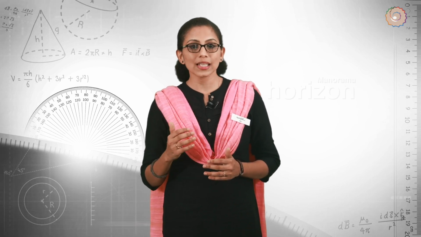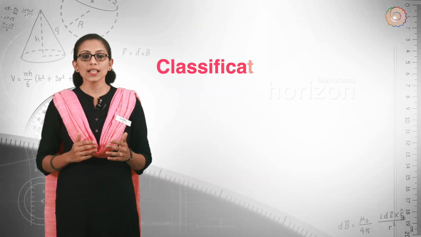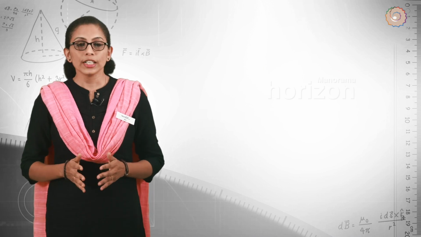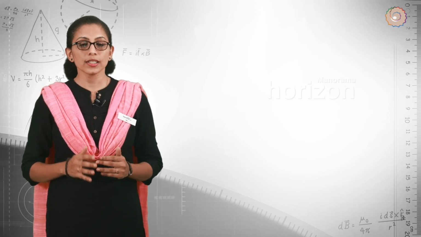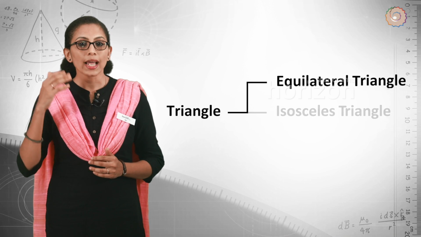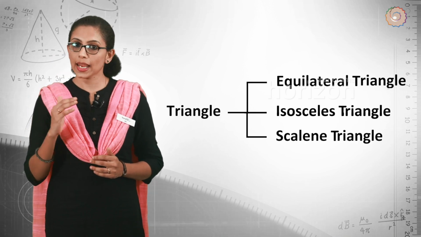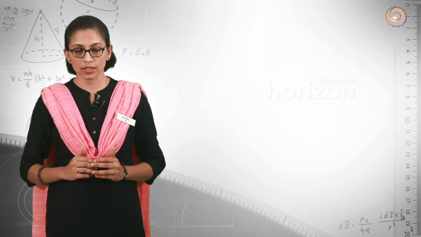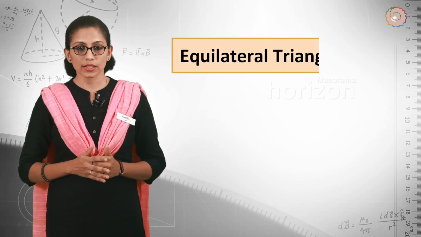Before going to discuss area, let's see the classification of triangles on the basis of sides. We know triangles are classified as equilateral triangle, isosceles triangle and scalene triangle. Let's have a recap of the three triangles.